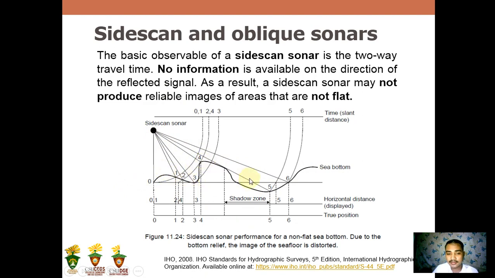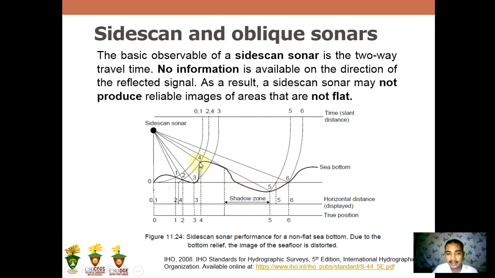But as you observe in 5 and 6, if we plot the data gathered from 1, 2, 3, 4, 5, 6, it stretches out at 5.